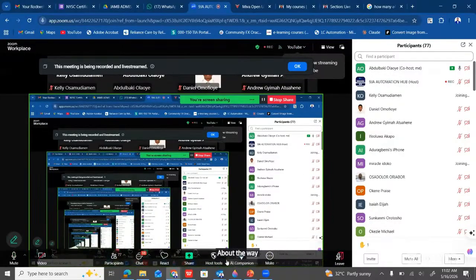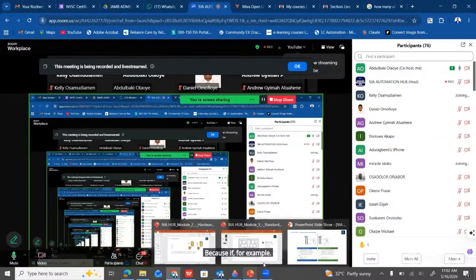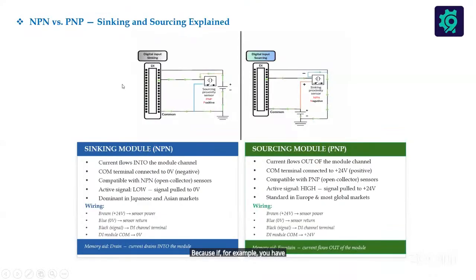Because if, for example, you have a syncing module and you wire it like it's sourcing, you are going to have an issue. Instead of connecting my common to negative, I connect positive to it, and the end that I'm supposed to connect to positive, I connect to negative. There is definitely going to be an issue.